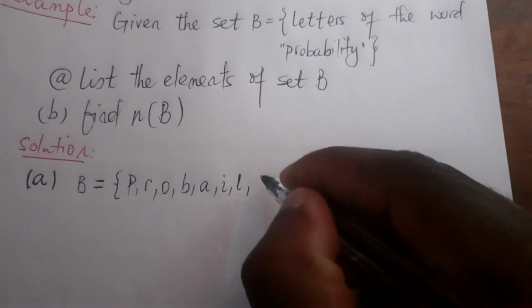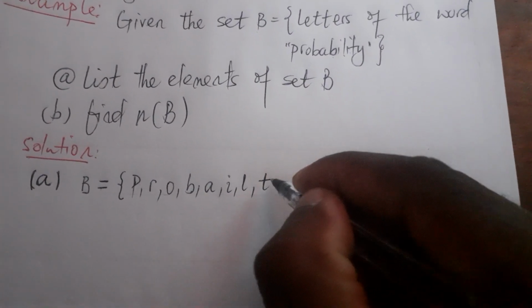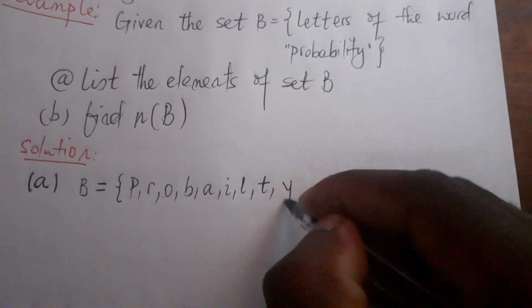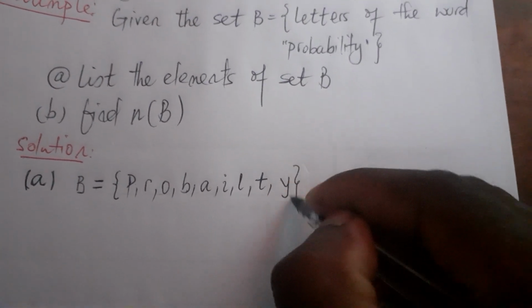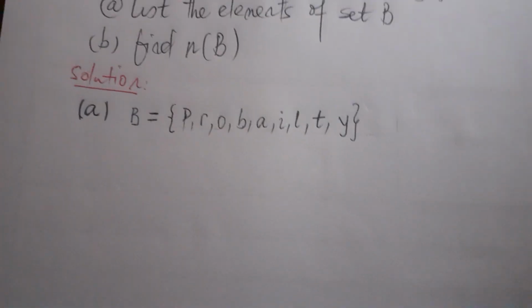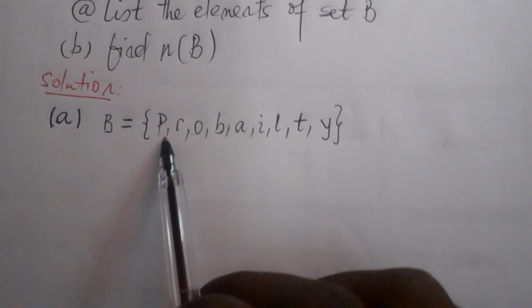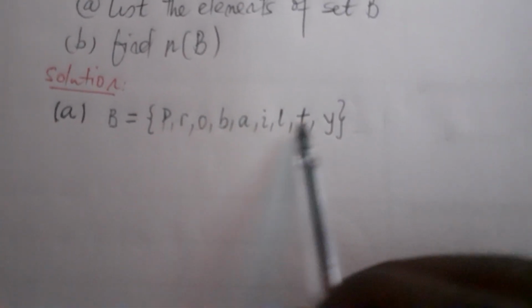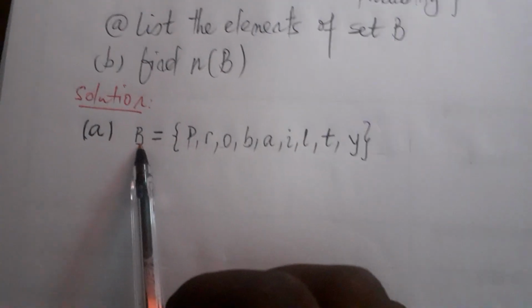We skip it, we go to T, and then we finish with Y, and then we close by using curly brackets. Now these are the members or the elements of set B.